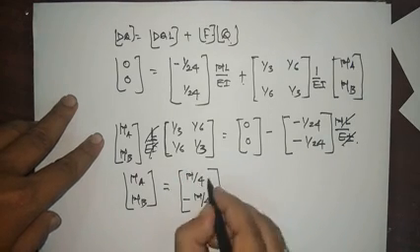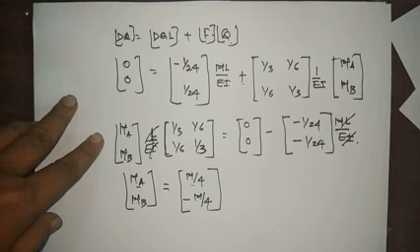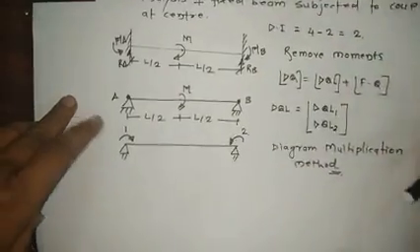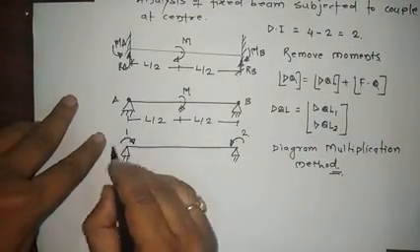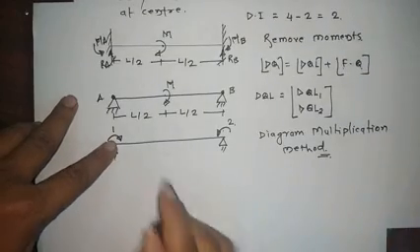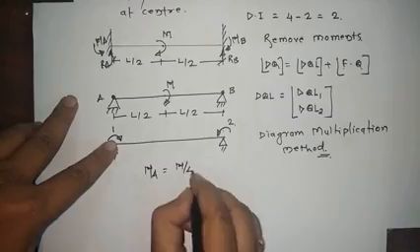So now we got the value of MA as M by 4, positive. It means the direction we assumed, clockwise, for MA is correct. So MA is equal to M by 4.